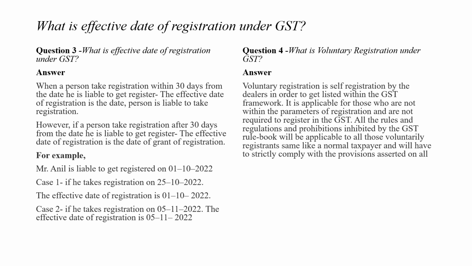All the rules and regulations and prohibitions in the GST rule book will be applicable to those voluntarily registering, same as a normal taxpayer, and they will have to strictly comply with the provisions.